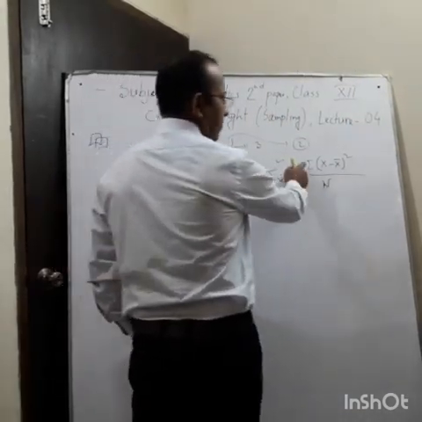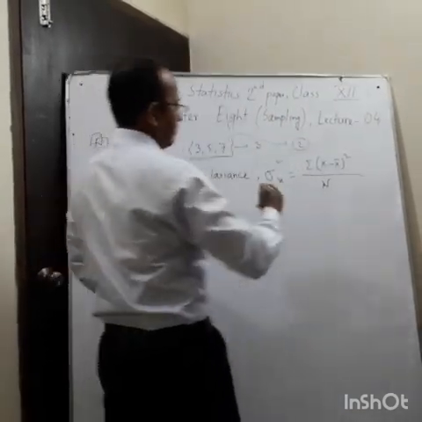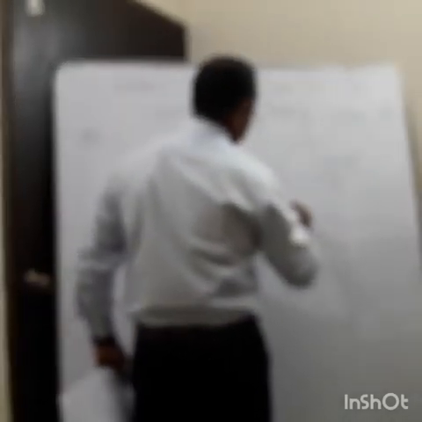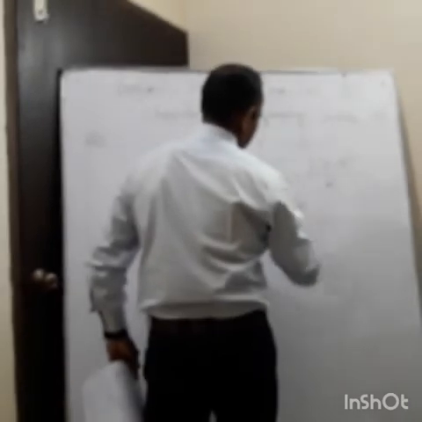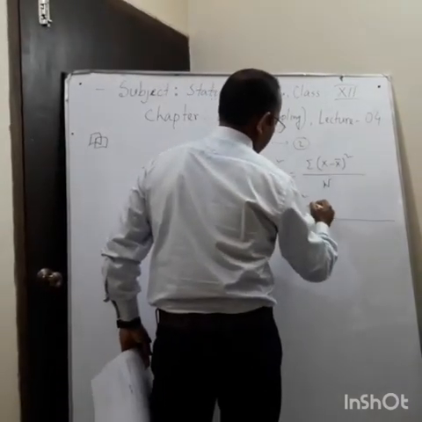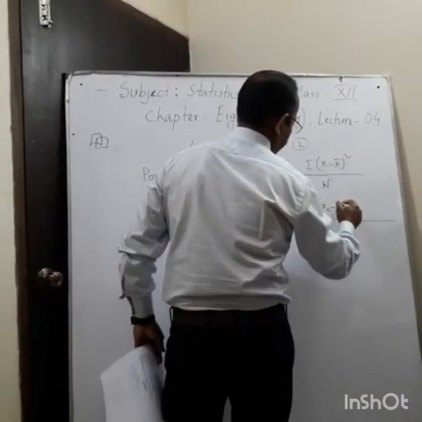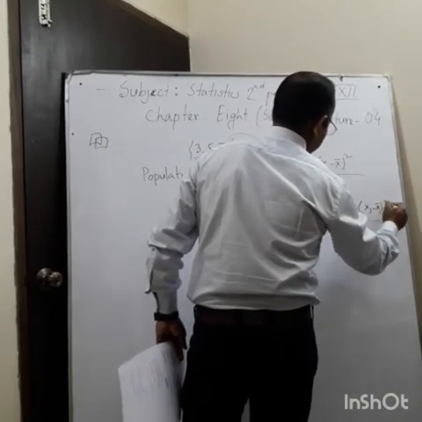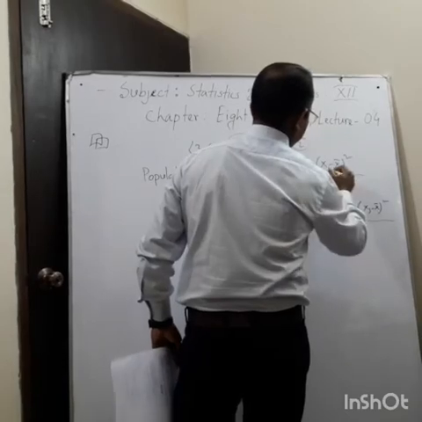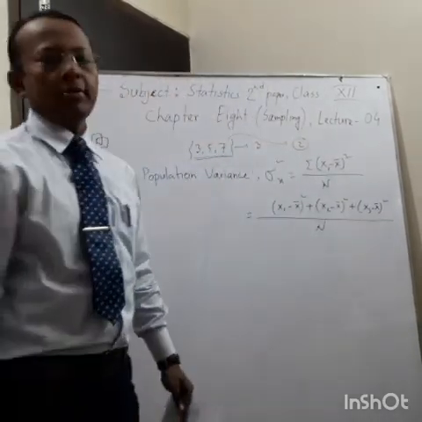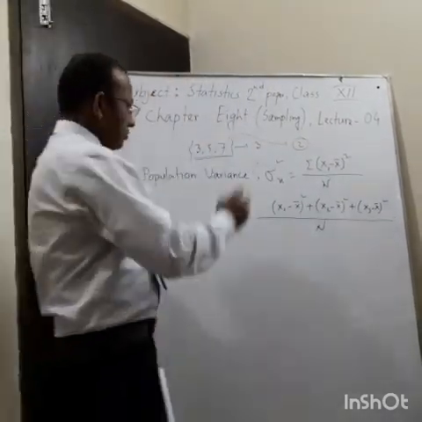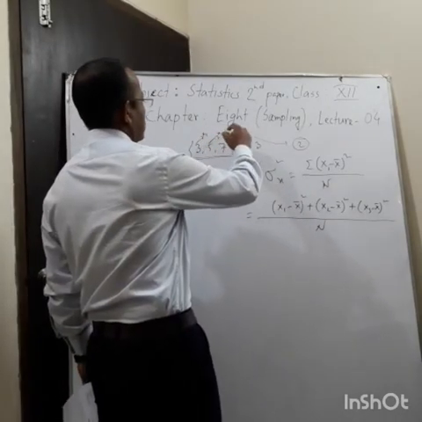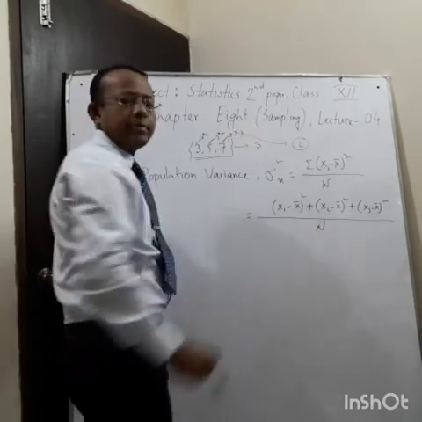If we expand this one, then we get (x1 minus x bar) whole square plus (x2 minus x bar) whole square plus (x3 minus x bar) whole square divided by n. Sometimes it is written xi minus x bar whole square. Now this is x1, this is x2 and this is x3.